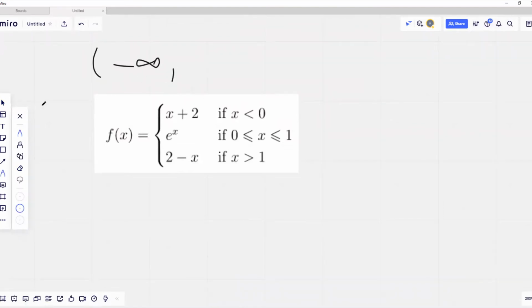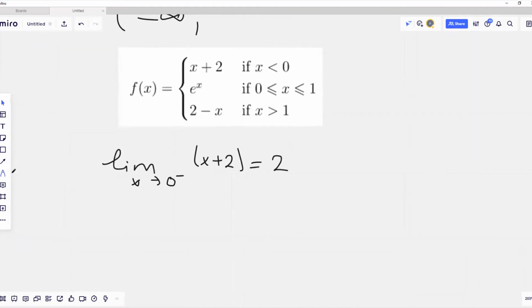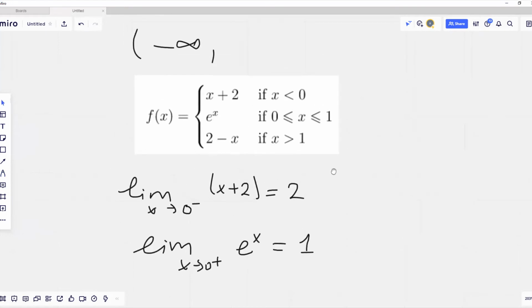Now let's check point x is equal to 0, limit as we approach 0 from the left is equal to 2, limit as we approach x from the right is equal to 1, meaning that we have discontinuity at point 0.